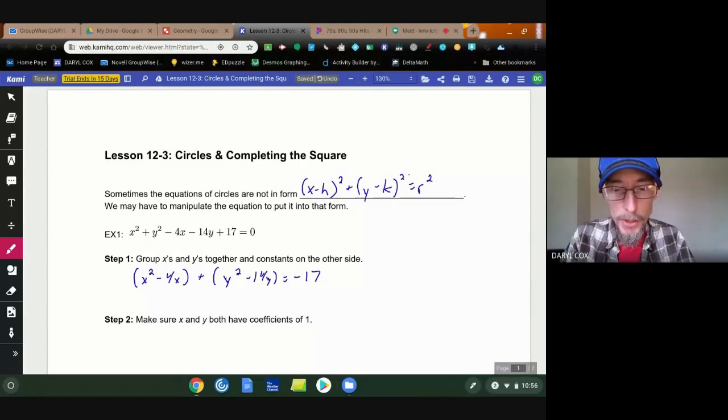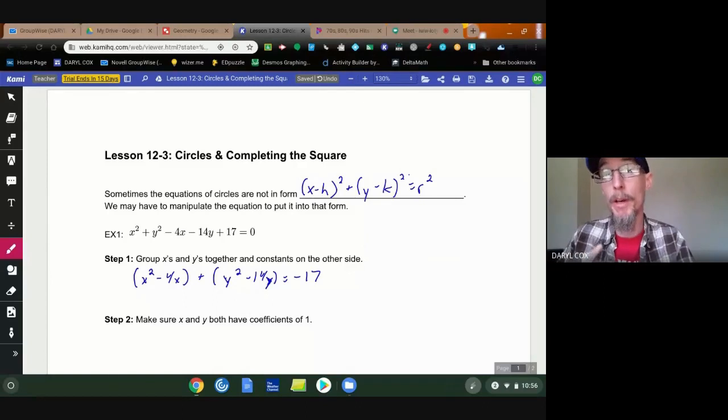So far, we're starting to look very similar to what we have in our top here. I've got x's, I've got y's. What's missing though? Well, they're not squared, they're not raised to a power. Also, remember, h and k should be constants. They should not have a variable with them. So that's where the completing the square is going to come in handy.